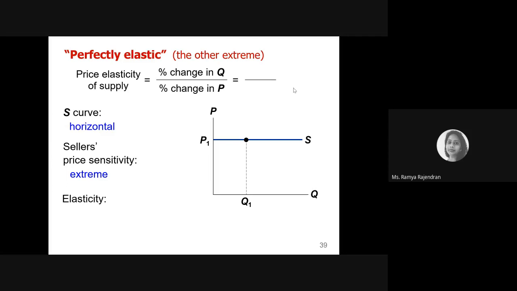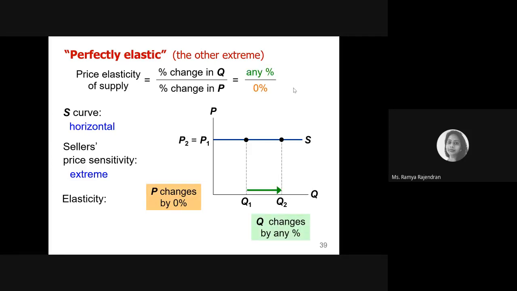Next comes the perfectly elastic, which means whatever the quantity supplied, the price remains constant. There is no change in P, 0%. The quantity supplied changes by any percent, so we get infinity because we have 0 in the denominator. Here the elasticity is infinity because it's perfectly elastic.